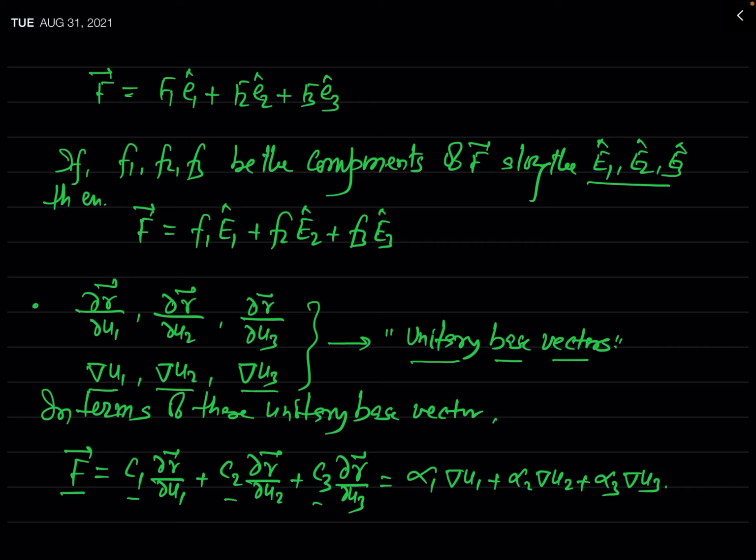So a vector has contravariant components when we express the vector in terms of the unitary base vectors, which are along the tangent. But these alpha 1, alpha 2 and alpha 3 are known as covariant components of this vector f. And these contravariant and covariant components of a vector are a very useful concept in tensor analysis.